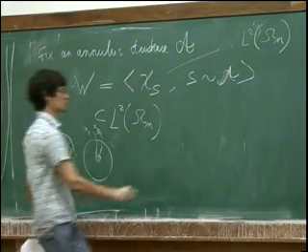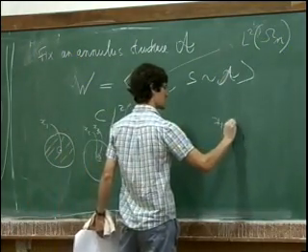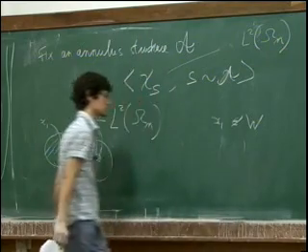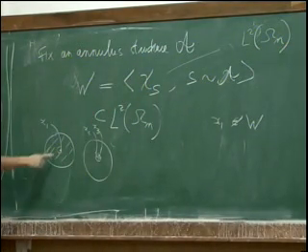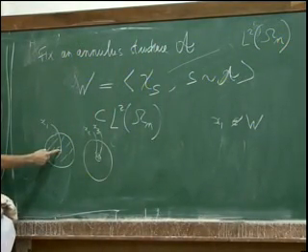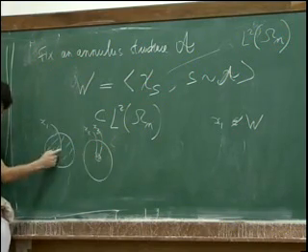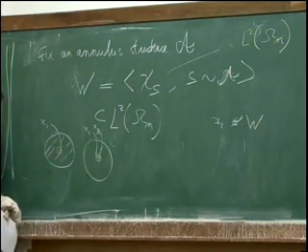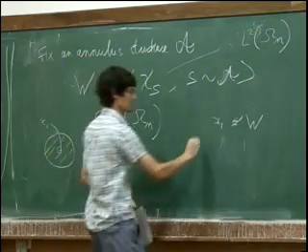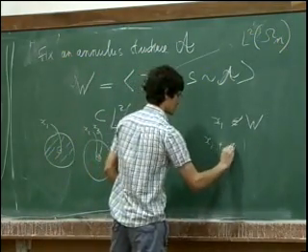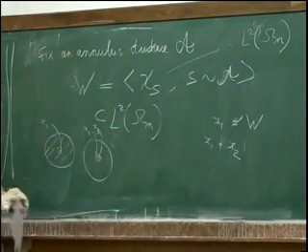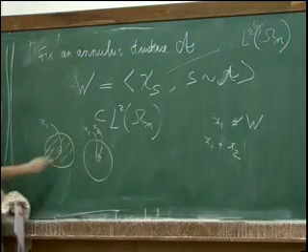The function x1 is not in my W. Why? Because the point 1 is not compatible with the annulus structure. I want points on the inside of each annuli. So this is not. So you might think it is in the set because I have points in each.